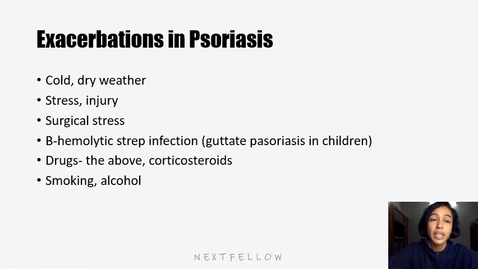Beta hemolytic streptococcal infection classically tends to exacerbate guttate psoriasis, and this occurs usually in children or young adults. This is important. Drugs, including all the above, and corticosteroids as well will exacerbate psoriasis. So you must remember that systemic corticosteroids are never given for psoriasis except in one condition. I'll talk about that later. Smoking and alcohol also are known to worsen psoriasis.